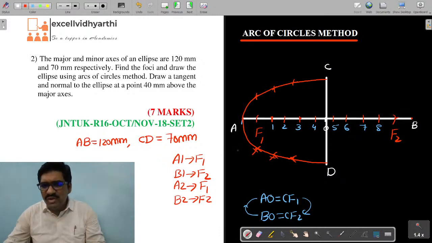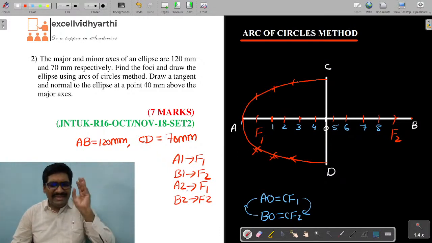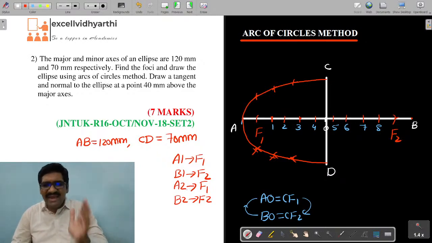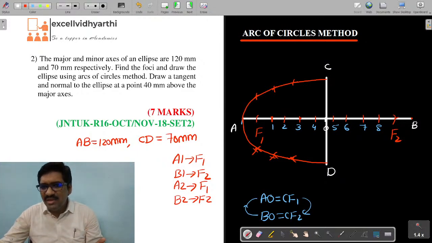So next, what you will do? Repeat the same thing for A3, B3, A4, B4, A5, B5, A6, B6, A7, B7, A8, B8. Then you can definitely get the remaining part of the curve like this.